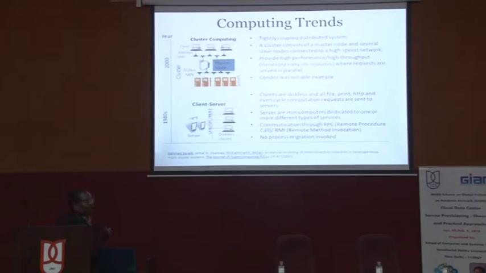Around 1999, 2000, cluster computing became very famous. We actually called it poor man's parallel or distributed computing. It was very, very effective, and I built a number of them myself and used them a lot.